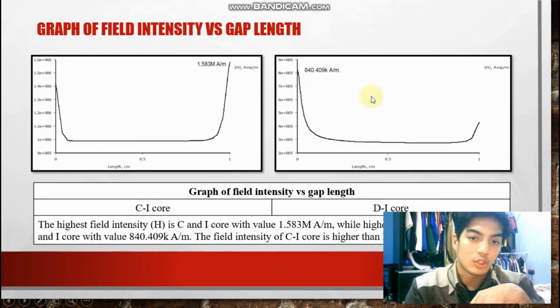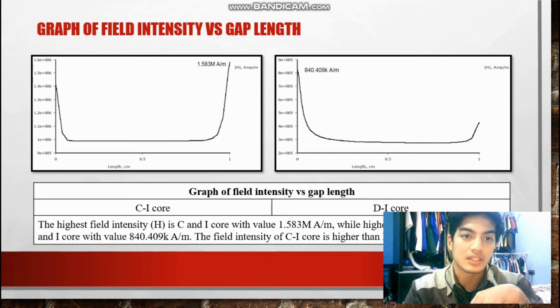The next is the comparison between two graphs, the graph of field intensity versus gap length. The highest field intensity for the CI core is 1.583 mega amp per meter, and for the DI core 0.409 kilo amp per meter.